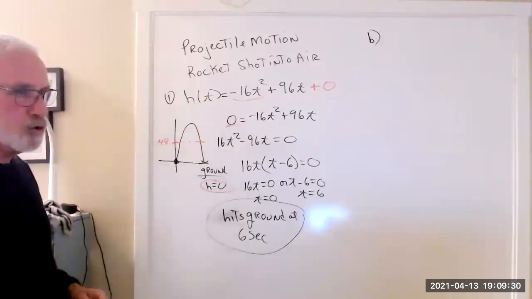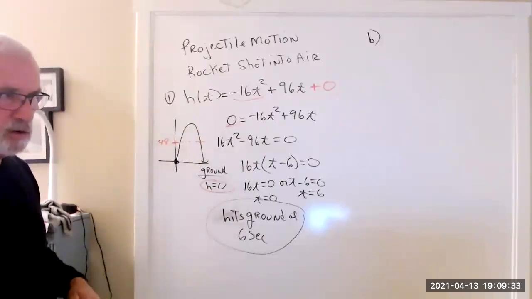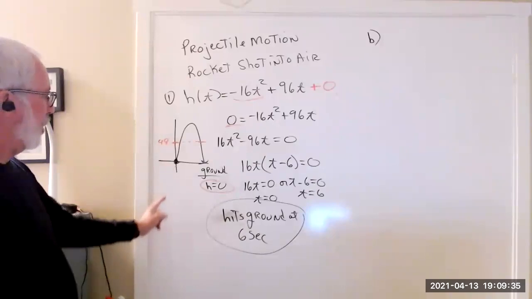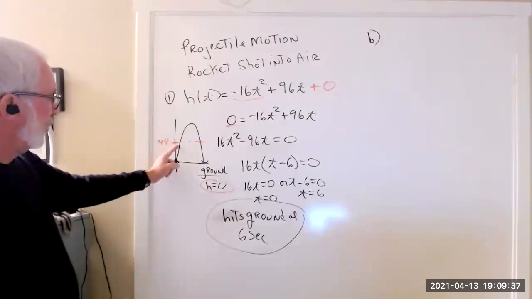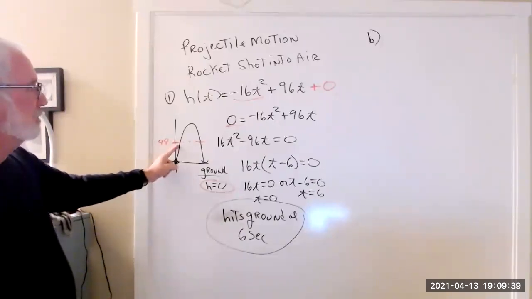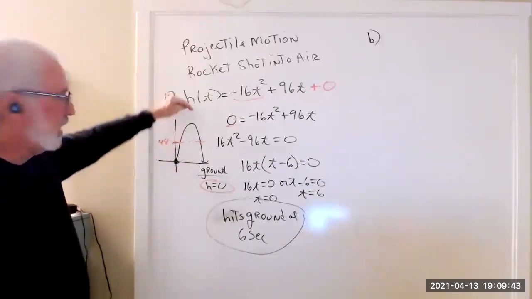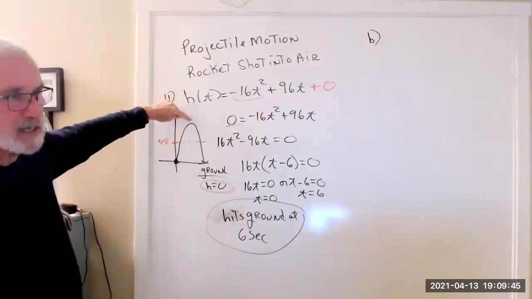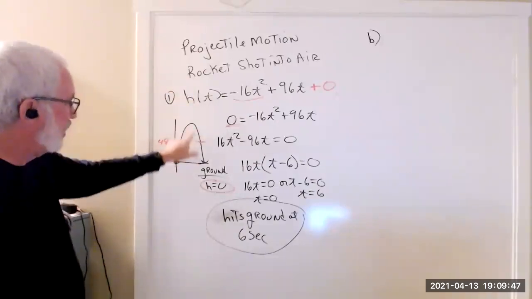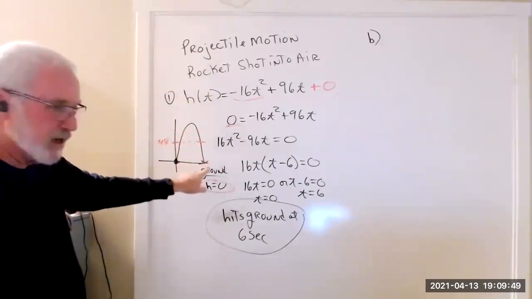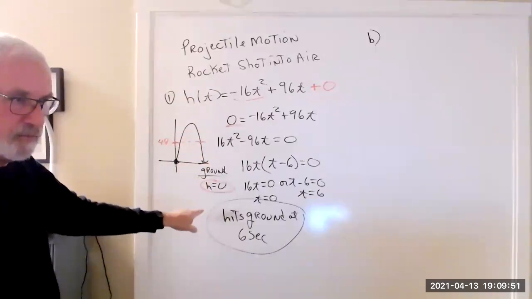So I'm expecting 2 answers. This rocket is going to go up in the air. It's going to get 48 feet high on its way up. Then it's going to hit what's called its vertex or its maximum point, turn around, come down, and it'll pass 48 feet on the way to crashing into the ground.